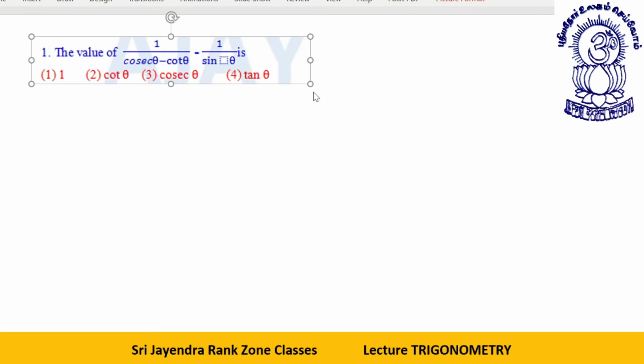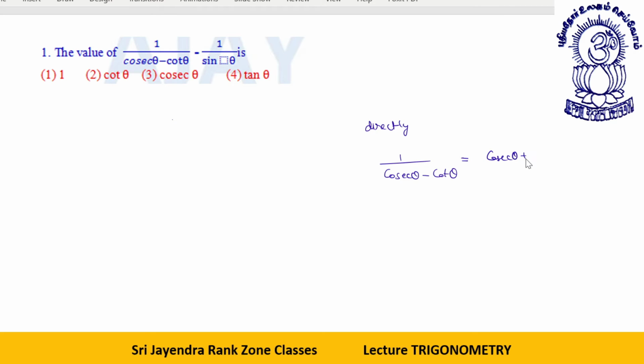The value of 1 by cosec theta minus cot theta, plus sin theta. There is a small catch to this question. Directly we can say 1 by cosec theta minus cot theta is actually cosec theta plus cot theta. Why?